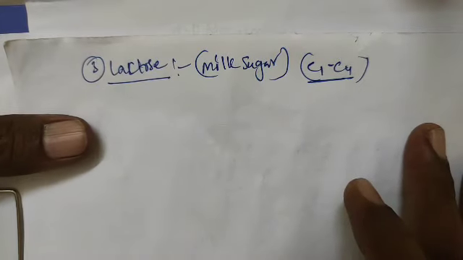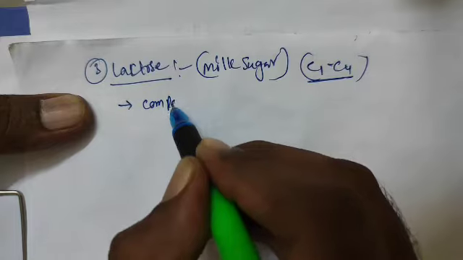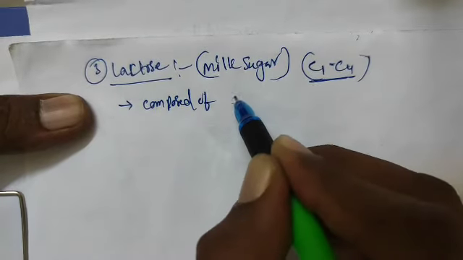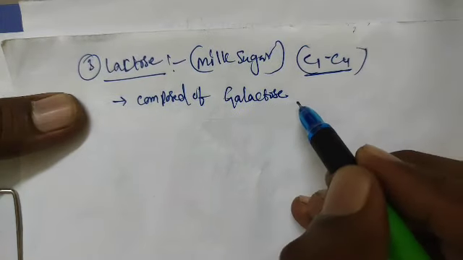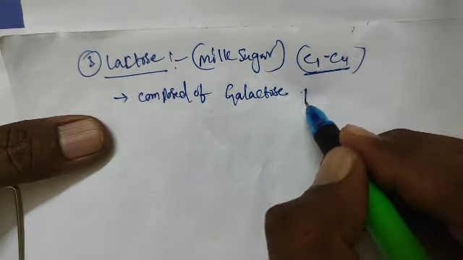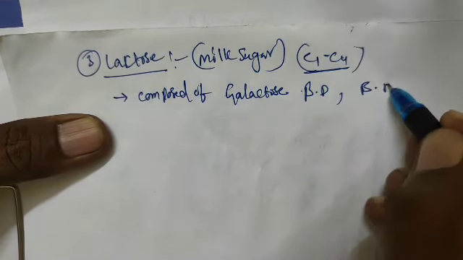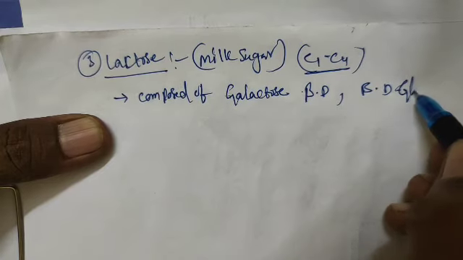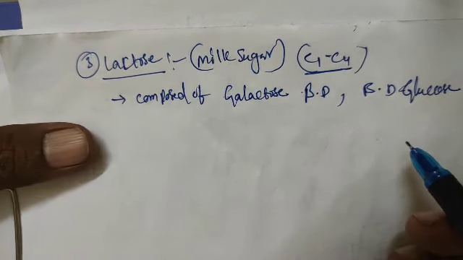But this is composed of galactose, not glucose. This is different. Galactose. That galactose is beta D galactose, and beta D glucose will join with a glycosidic linkage.